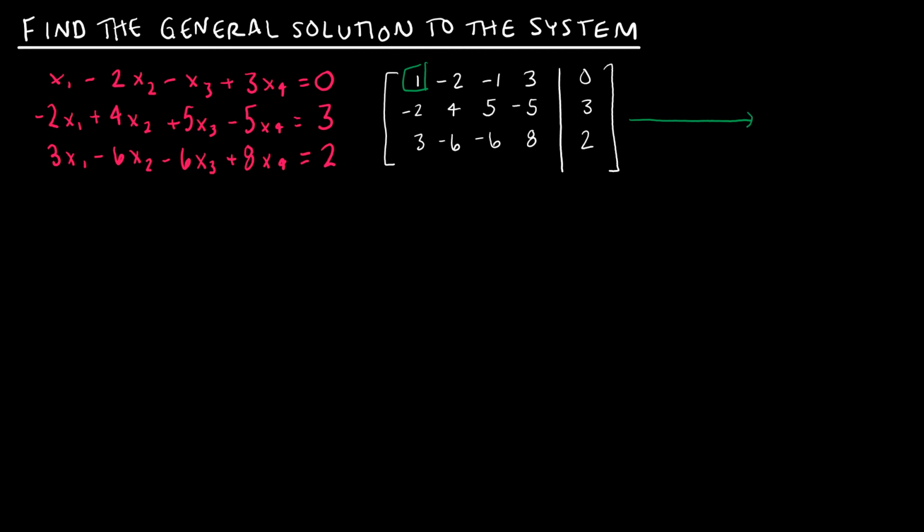Well, I'm going to have to take 2 times row 1 plus row 2 to be my new row 2. And on the same step, just because I want it all to fit on one slide, I'm going to take negative 3 times row 1 plus row 3 to be my new row 3. So essentially what I'm doing is all in one step, I'm going to get zeros below the 1.